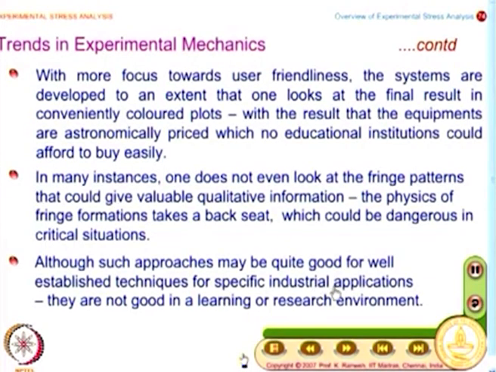For this, they have well developed equipment, you press a few buttons and then keep monitoring the process. That is a specific application where you need some level of automation, some level of fast response. For such industrial applications, this kind of user friendliness may be all right, but it is not good in a learning or research environment. So, you need to make a difference.